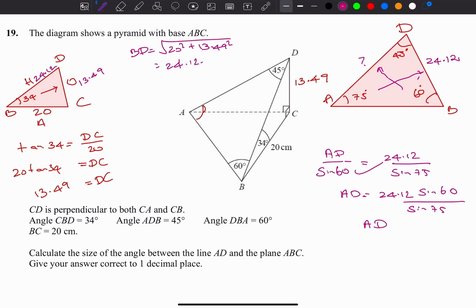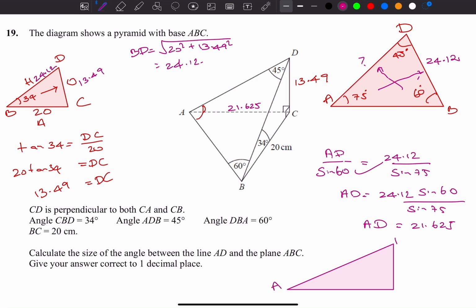So AD works out 21.625. Okay, so I know that's 21.625. What angle you want is you want this angle.